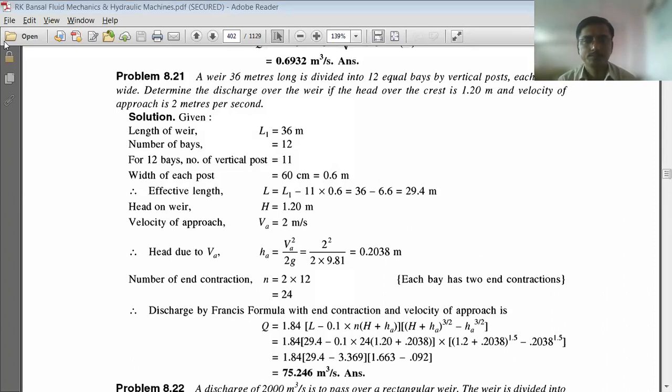75.2462, correct. Okay. So I think all of you got the answers. Those students who have not got the answer yet and doing calculation, you can note down the answer and do the calculation part later on. Okay.